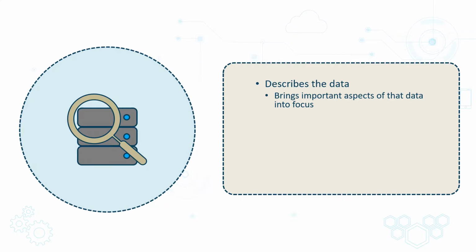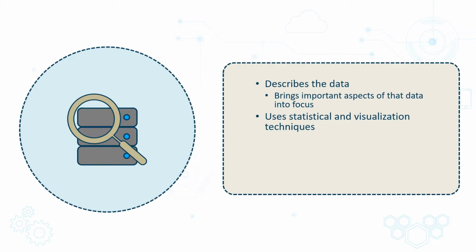Now, how to do that? How actually we can describe the data? We can describe data using statistical and visualization techniques. Statistical and visualization techniques help to bring important aspects of data into focus so that further analysis can be done.